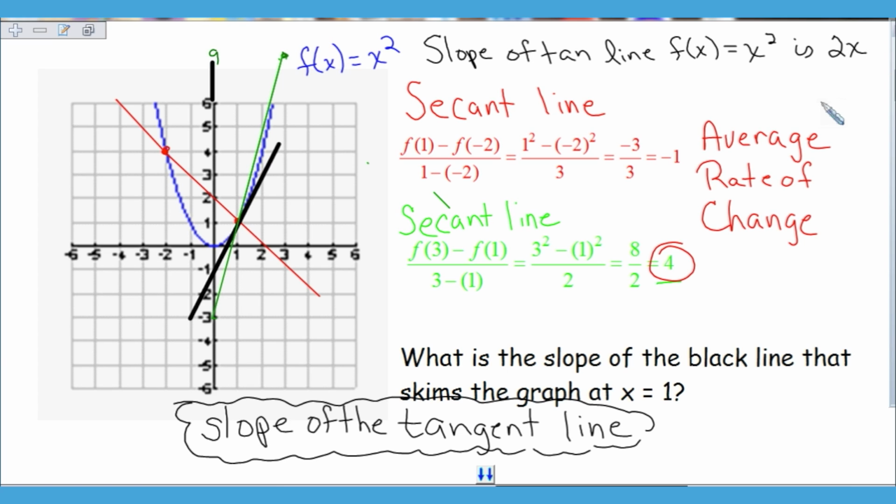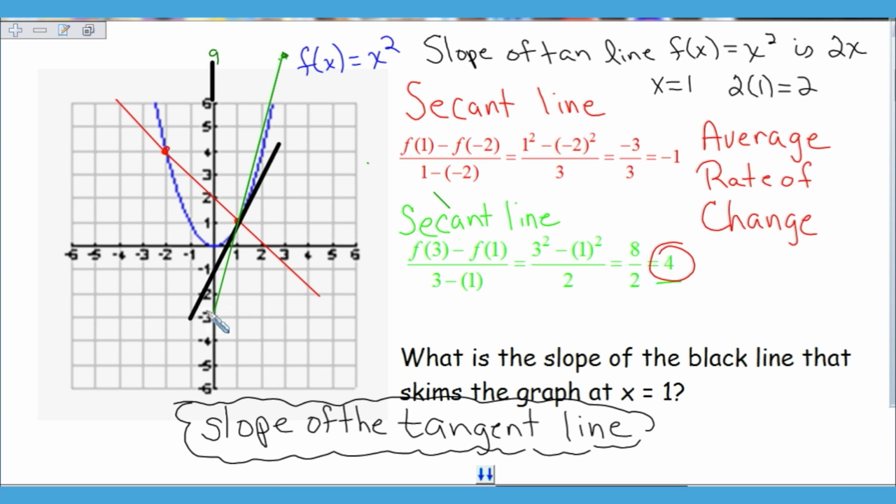That's just what we said. We went through our limiting process, and we found it was 2x. So if we wanted to find out what the slope of the tangent line at x equals 1 is, we would have to plug 1 into 2x, and 2 times 1 is equal to 2. So the slope of this original tangent line that we have is 2.